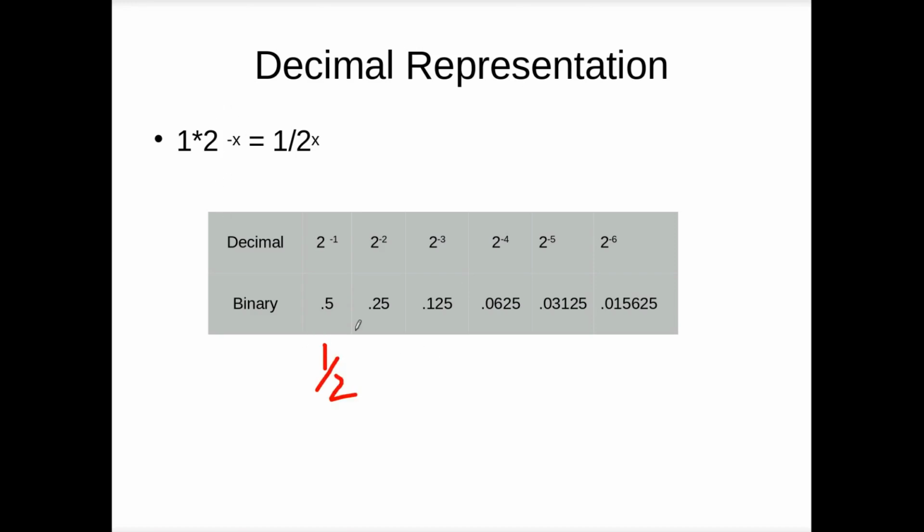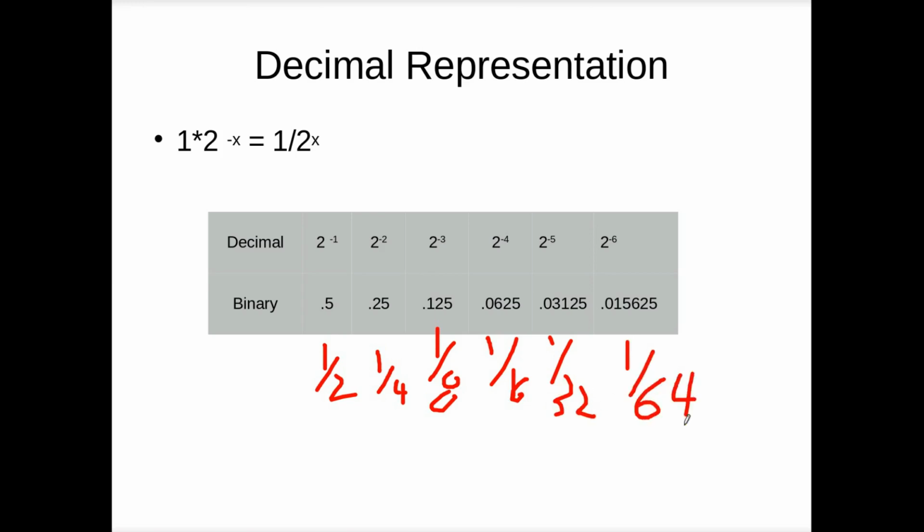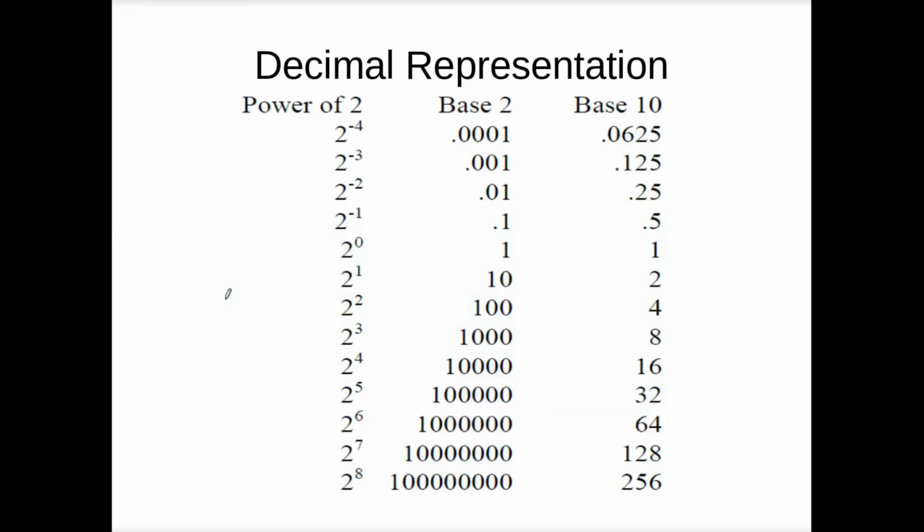So you have the values here: 1/2, 1/4, 1/8, 1/16, sorry about my writing, 1/32, and 1/64. You notice how these values grow by multiples of 2. So you see the base representation here.